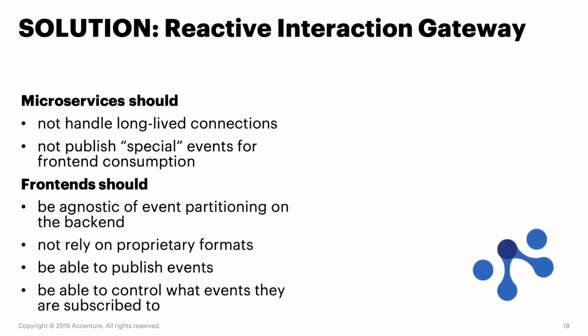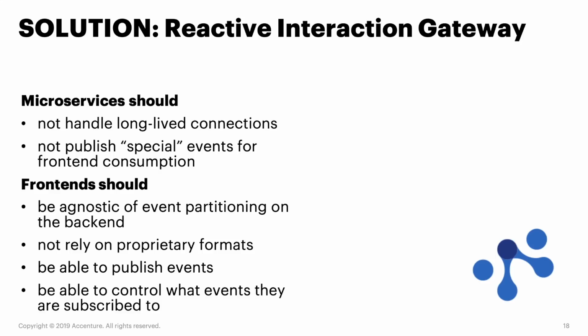The Reactive Interaction Gateway handles long-lived server-sent events connections over HTTP2, or alternatively also WebSocket connections over HTTP1. As a fallback, support for classical HTTP long polling is in the works as well. It is designed to listen to all events that occur in the backend and quickly drop those not relevant to any frontend.